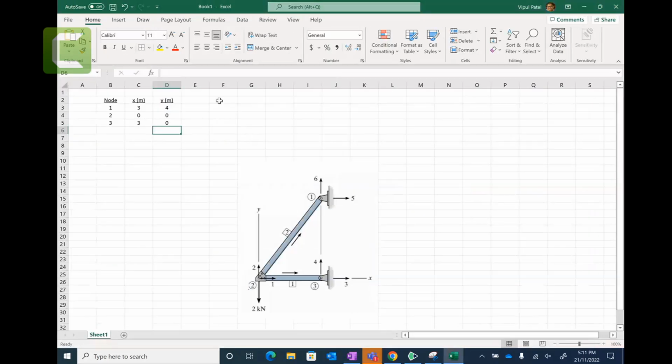Anyone fall behind? Just yell out or put it in the chat. Let's put elements. How many elements do we have? 1 and 2, look at the square brackets. Element 1 and 2.